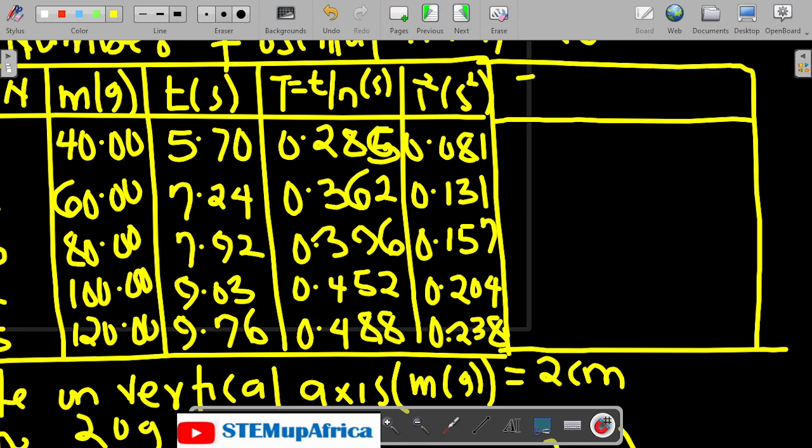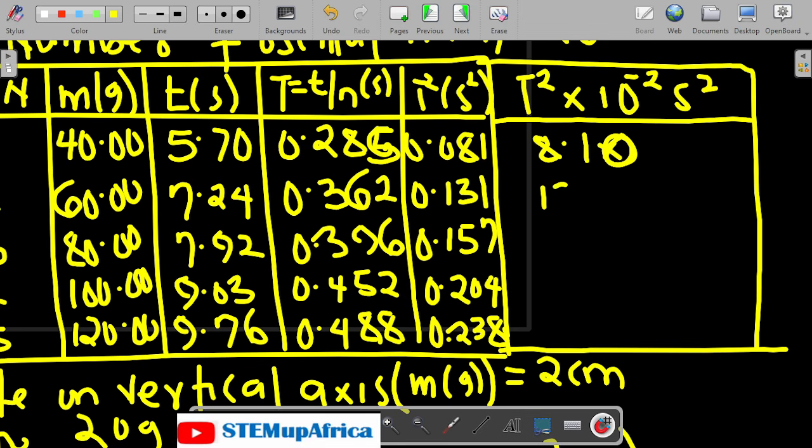I can write this as t square times 10 raised to the power minus 2 second square. That means I'm converting each of them to standard form. So here it becomes 8.10, times 10 minus 2. Every number here is multiplied by 10 minus 2.